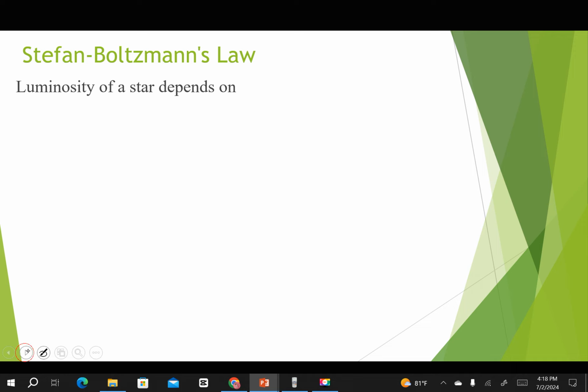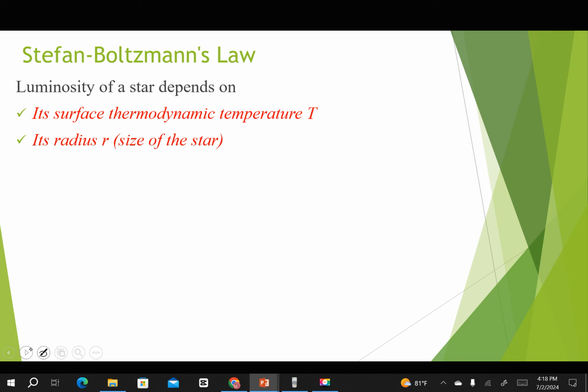So the luminosity of a star also depends on another factor: apart from the surface temperature, it will also depend on the radius or the size of the star. A very large star would radiate more power than a very small star. So the total radiant power emitted by the star will not only depend on the temperature, it will also depend on the size of the star.